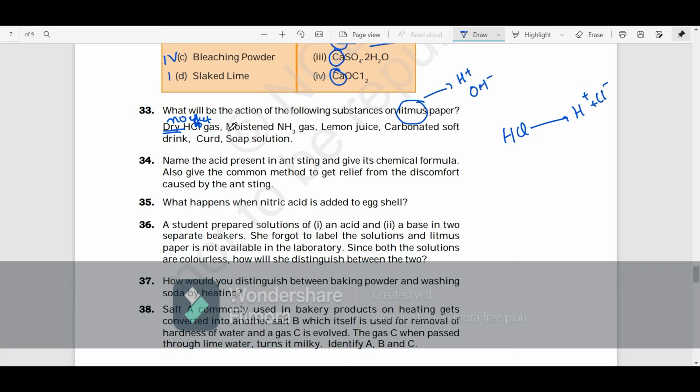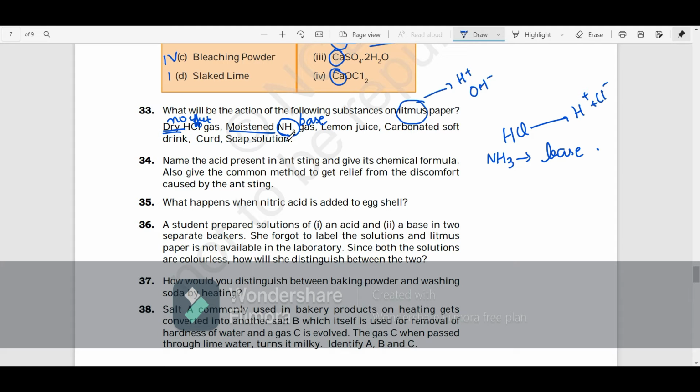Moistened NH3: here they have mentioned that you have moistened the gas NH3, ammonia. So what is its effect? Actually, ammonia is a base. Because it's a base, it should turn red litmus to blue. Let me just write it as a base so you can find it later.